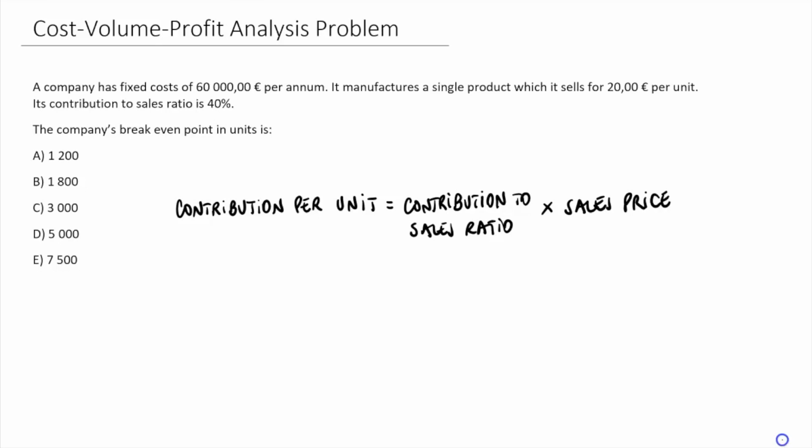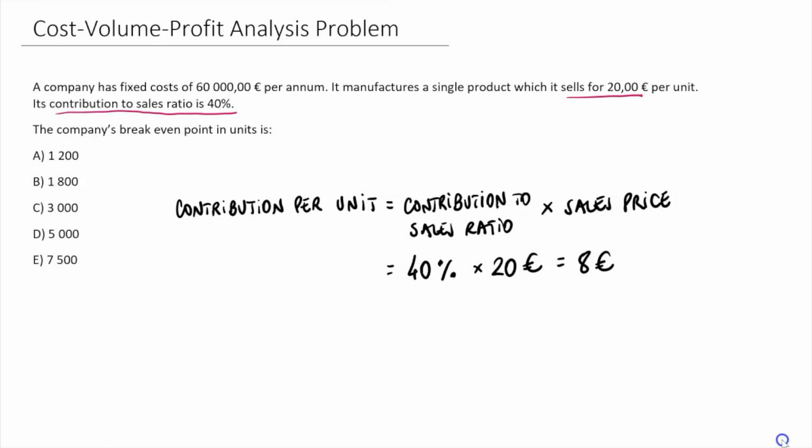So we have here the contribution to sales ratio of 40%, so 40% of the sales price, which is 20 euros. So we will find 8 euros.